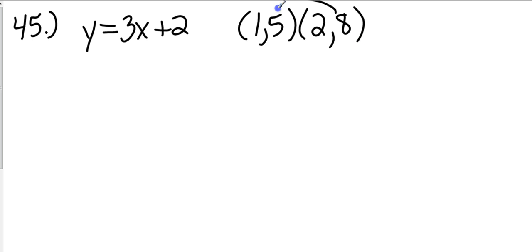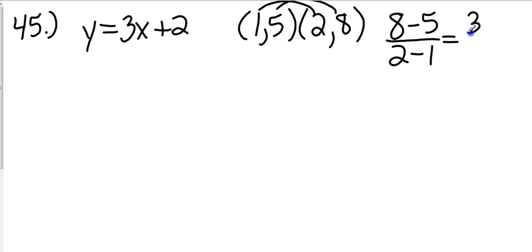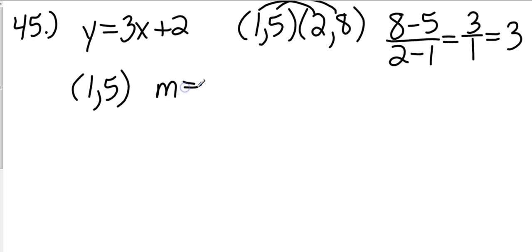Okay, so we're going to connect our y's, connect our x's. We have 8 minus 5 over 2 minus 1, which is going to be 3 over 1, which is 3. And so I'm going to pick the first point, 1, 5, with a slope of 3.